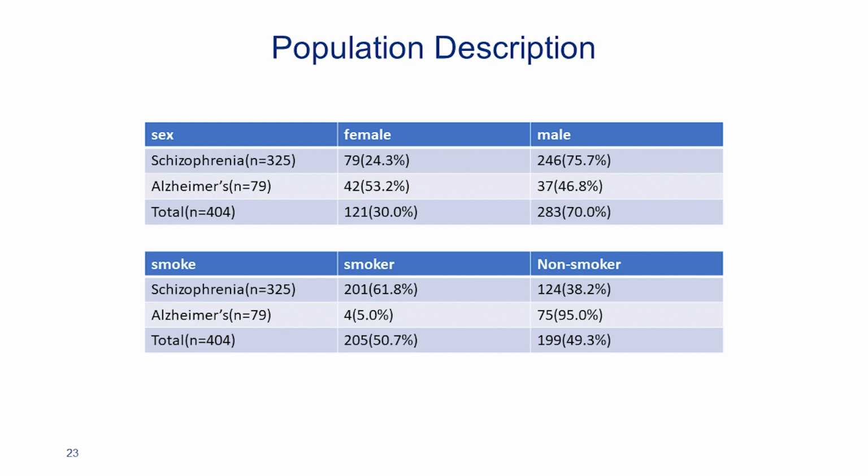In terms of smokers and non-smokers, we had a majority of smokers in the schizophrenia arm versus the Alzheimer's arm. So this could be an issue because if there's an effect of smoking, you might have smoking and arm confounded because of the different distributions. This is something to keep in mind when you're exploring explanatory variables.